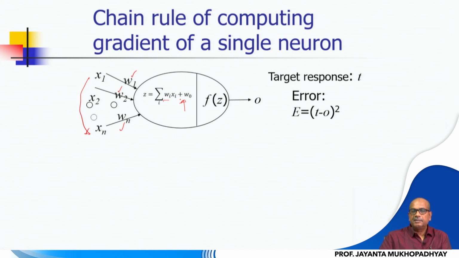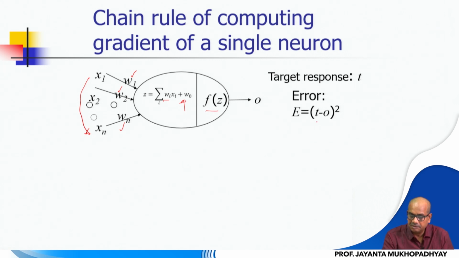And finally, this resultant sum, that weighted sum plus the bias, is non-linearly mapped using any nonlinear function, and I can say any function. Instead of saying nonlinear, it could be a linear function also, but usually in neural networks we use a nonlinear function, and then you get the output. So, your error of these computations, let me write it in this form, is the square of the difference.